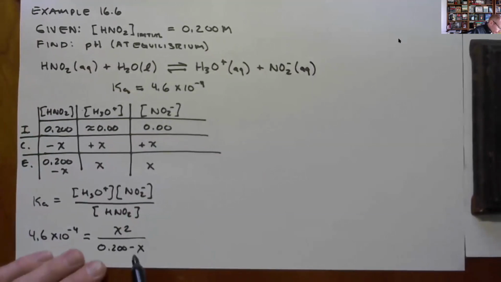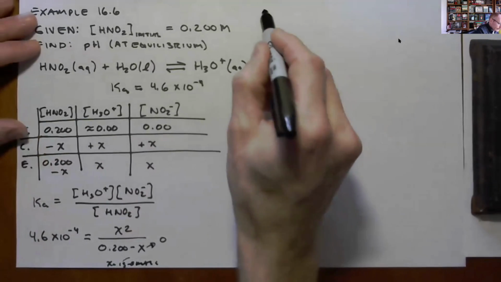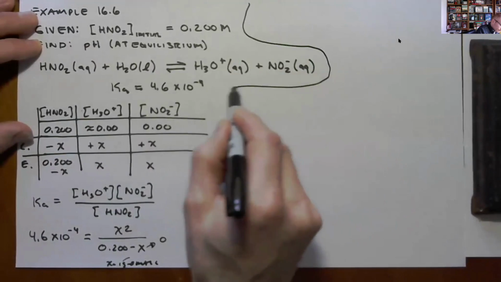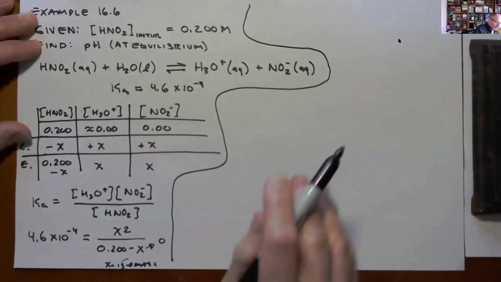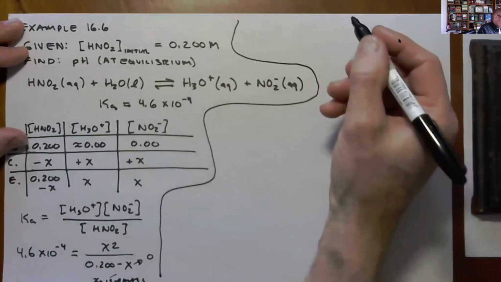And here we're going to invoke the x is small approximation, but we'll find that we can just barely get away with it. This is sufficiently large such that the percent ionization is going to be close to 5%, but less than 5%. So x is small. All right, so now, what are we solving?